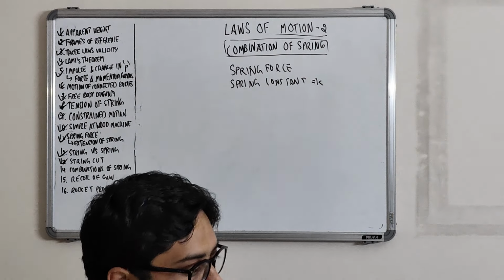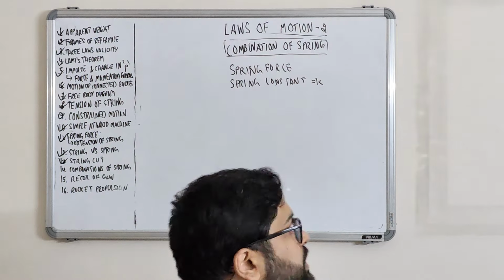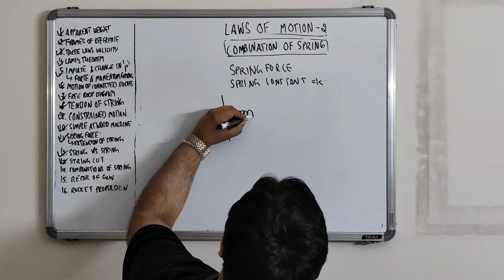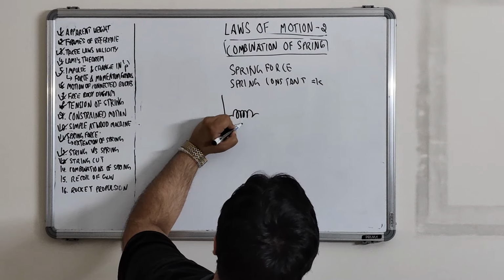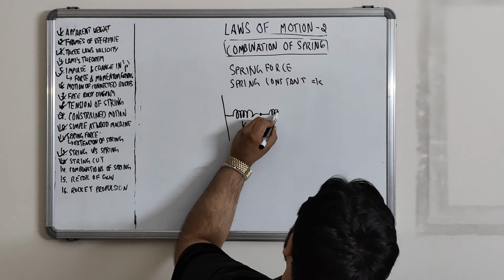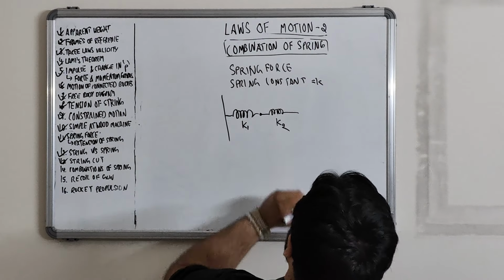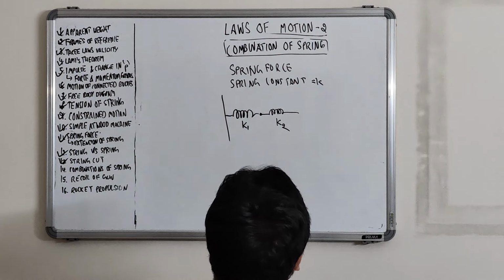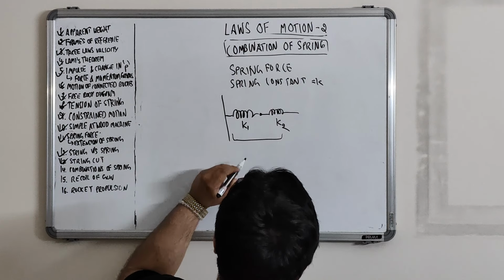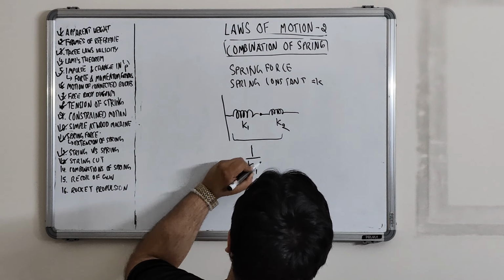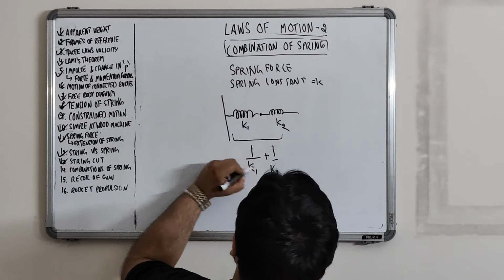Now if we add two springs in series, meaning next to each other, so let us say this is one spring with a spring constant K1, and then there is another spring with a spring constant K2. The combined spring constant becomes 1 upon K net equals 1 upon K1 plus 1 upon K2.